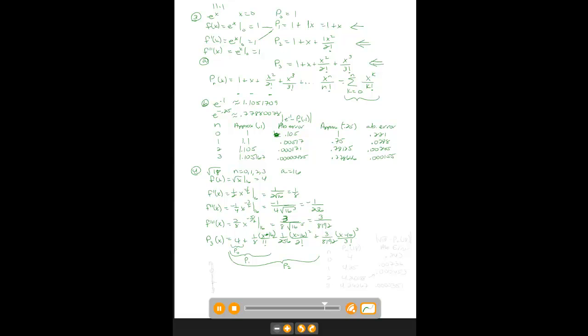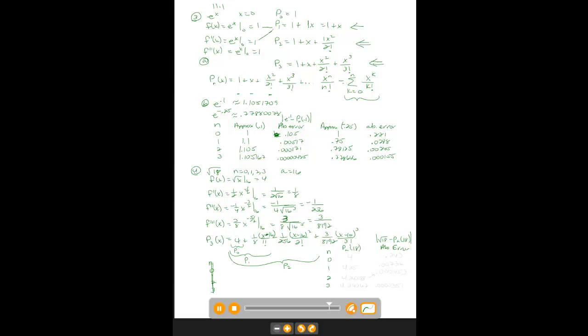Okay, so we're going to go through and say when n is 0, 1, 2, and 3, I need p sub n of 18. Oh, I can't write that high. Let me go over here. N is 0, 1, 2, and 3. I need the approximations at 18, and then I need the absolute error, which in this case is going to be the square root of 18 minus whichever p I'm currently on.